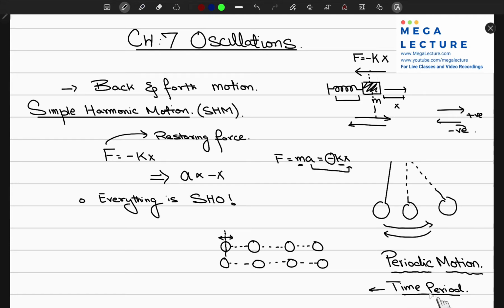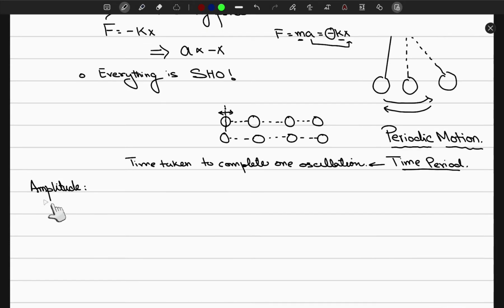So time period then is defined as the time that it takes for a body to complete one oscillation. You can also define something that's called the amplitude. So basically, if I again consider this example and I take this pendulum and I take it to this position, now I release it, it's going to start oscillating.